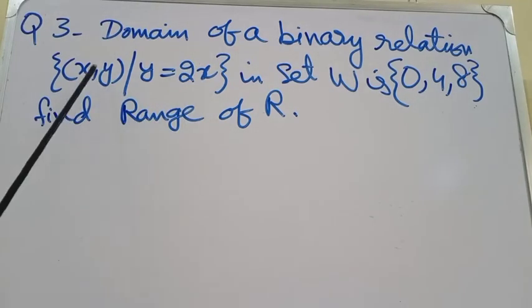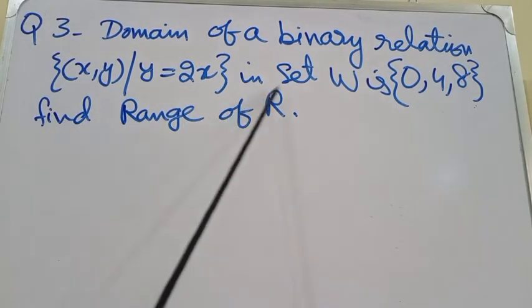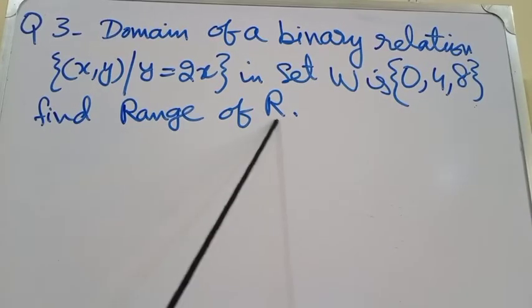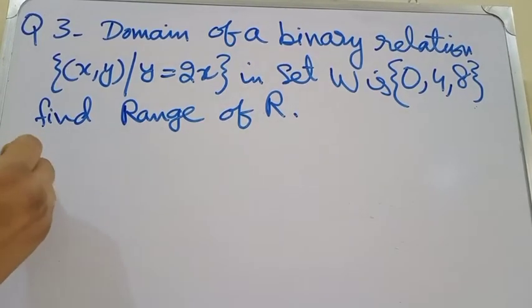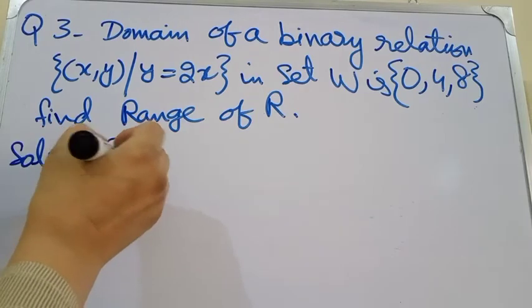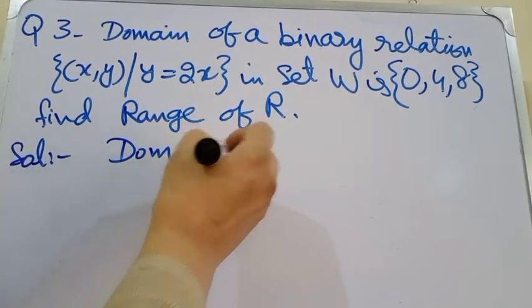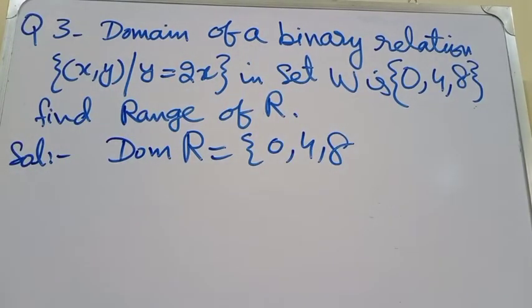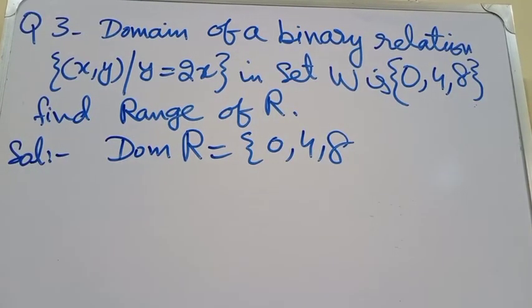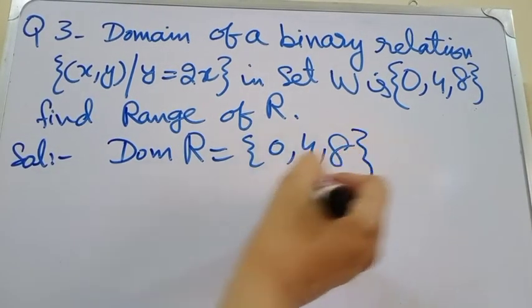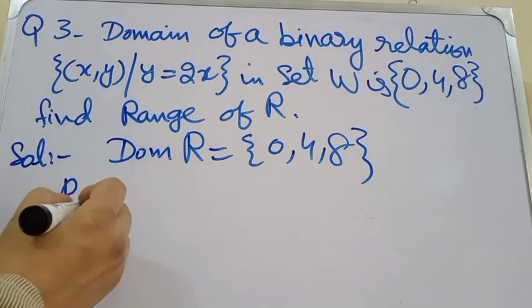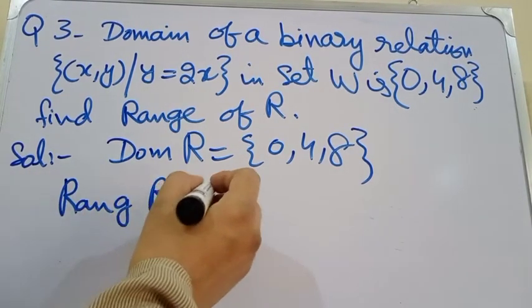This is the condition for this binary relation in set W. The domain of R is equal to {0, 4, 8}. Find the range of R.